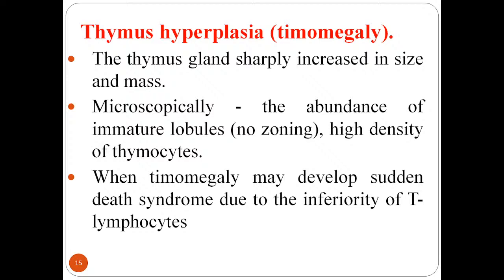Microscopically, there is an abundance of immature lobes, absent zoning, and a high density of thymocytes. A complication of this pathology, thymus hyperplasia, is sudden death syndrome.